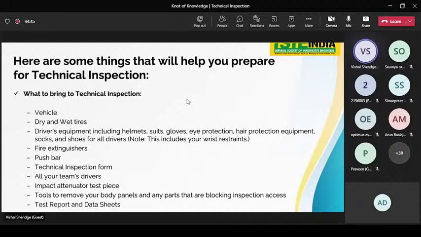Then fire extinguishers, push bar, technical inspection form, all your team drivers, impact attenuator test pieces, tools to remove your body panels and any parts that are blocking inspection access, test reports and data sheets.